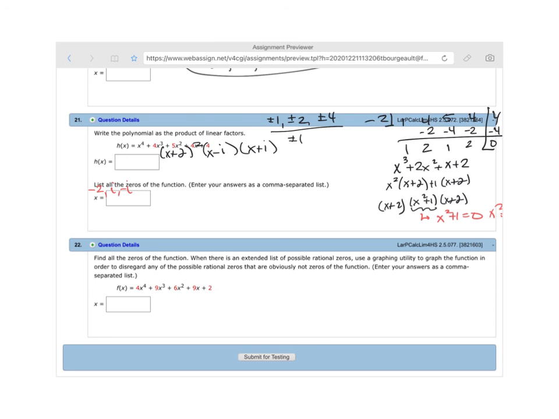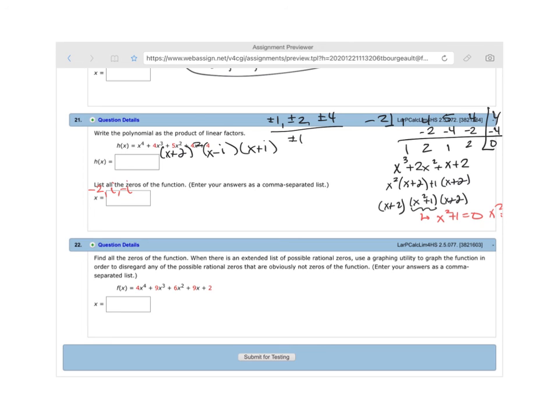Okay, so again, we got 4x cubed plus 8x squared plus 4x plus 8, and that will again factor by grouping. Thank goodness. So I get 4x squared times x plus 2 plus 1, and I get x plus 2.